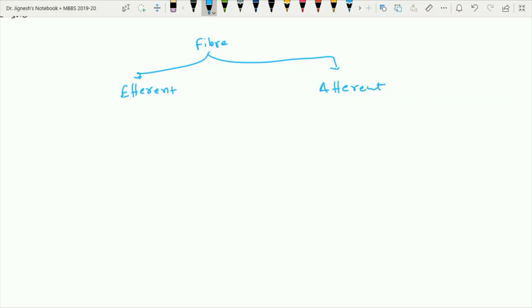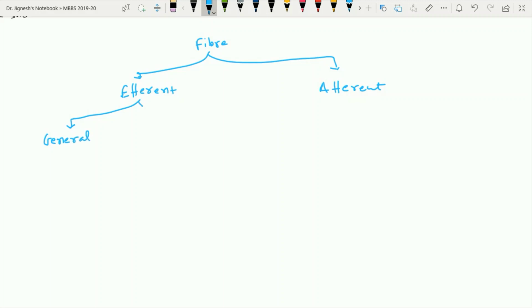And each efferent fiber of any cranial nerve or spinal nerve may reach the skeletal muscles or smooth muscle or the glands within the body, and these skeletal muscles, smooth muscles and glands are present all over the body, and that's why this fiber is called general in nature.